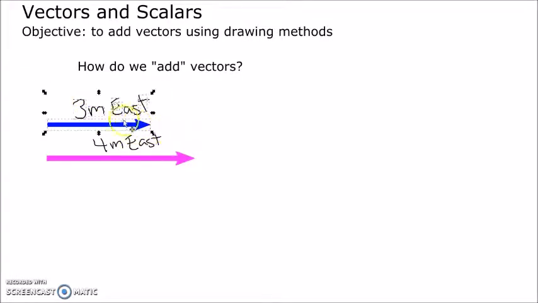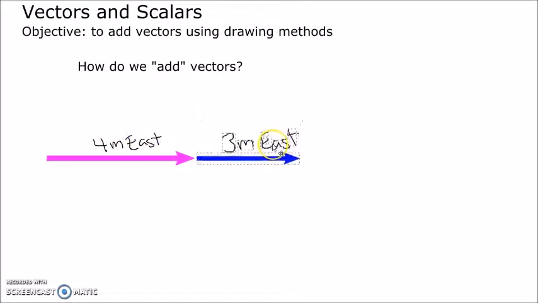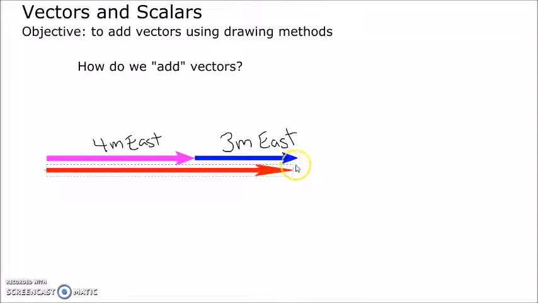I'd put them next to one another like this, and the sum of these two is what we call the resultant. I'm going to use the red arrow to indicate that. If we go 4 meters east here, and then an additional 3 meters east here, the resultant is 7 meters east.